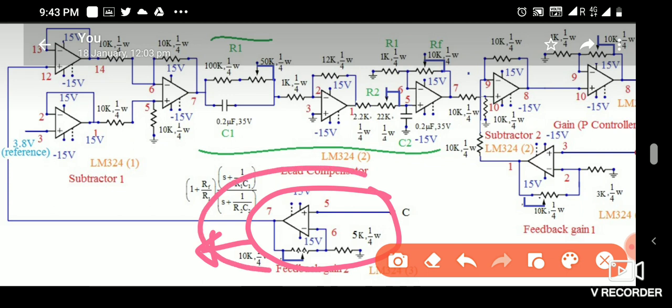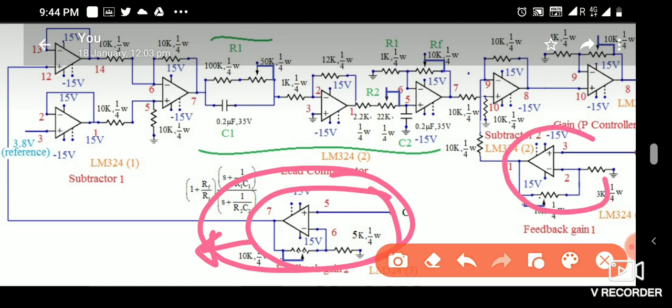Actually this part should not be needed, because the feedback gain is already inside the sensor or transducer. We need not add extra, but for fine tuning we require this type of thing, since parameter uncertainty is an issue here, so we use some extra features such that we can adjust if some error arises.